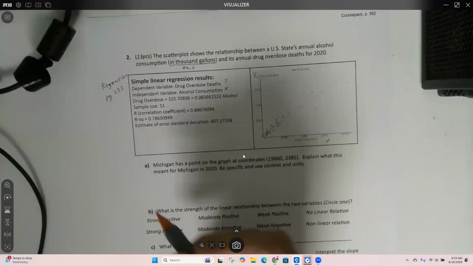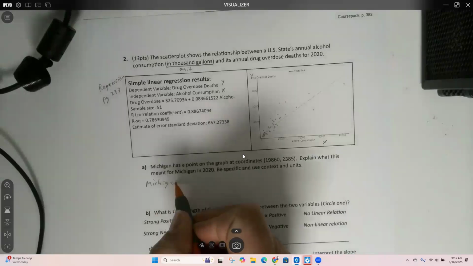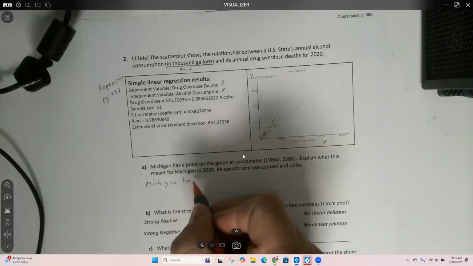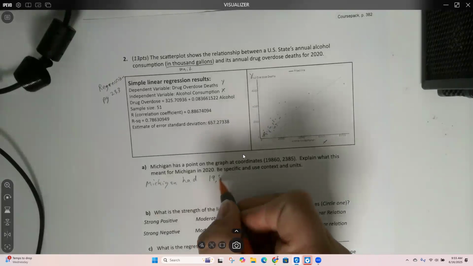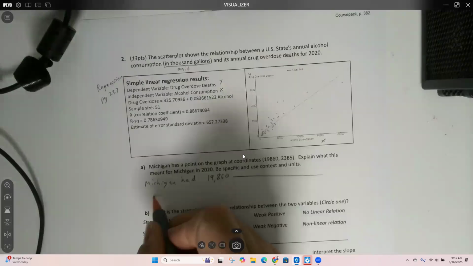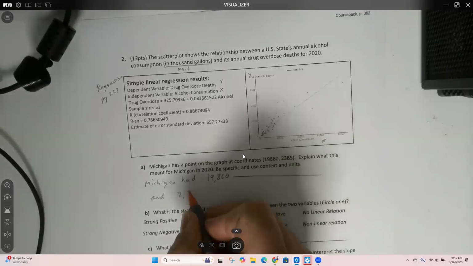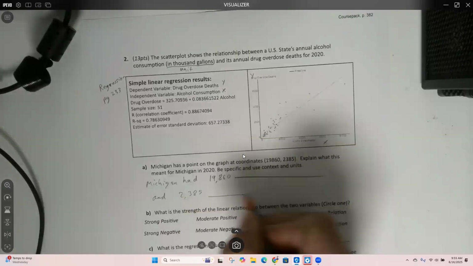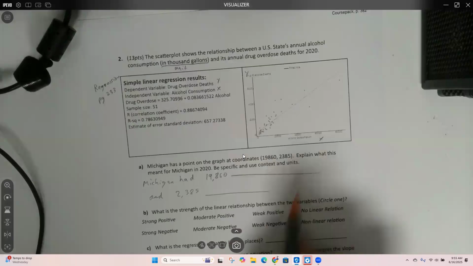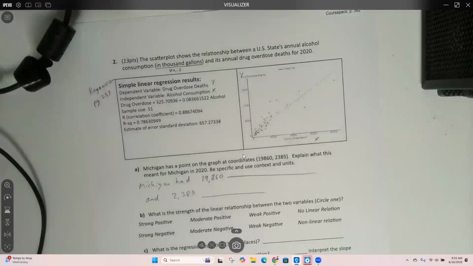This is basically just saying Michigan had 19,860 something something and 2,385 units. Okay. So all it means is just, fill in this.